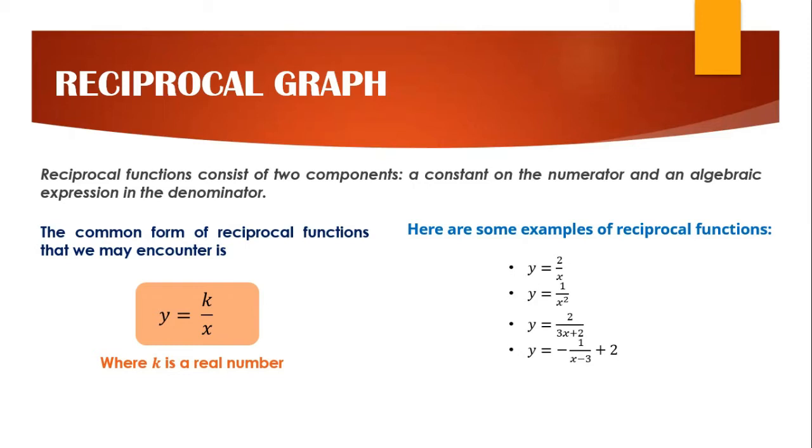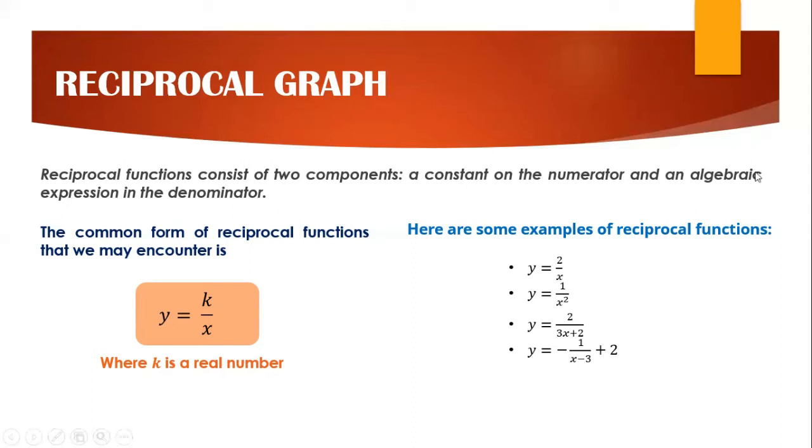Based on the examples on the screen, we still find y equal k over x: a constant on the numerator and an algebraic expression in the denominator.